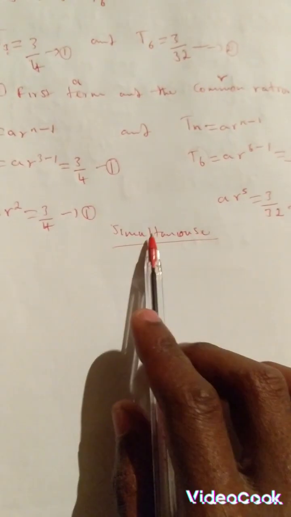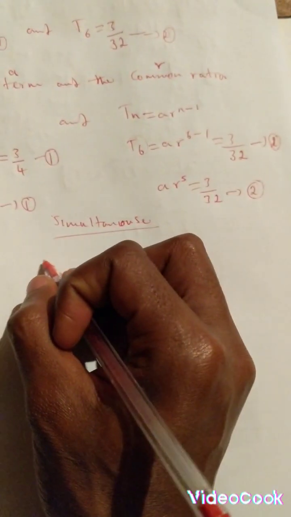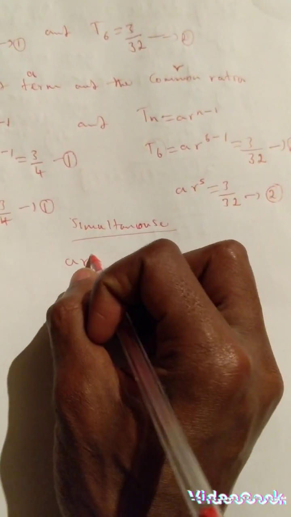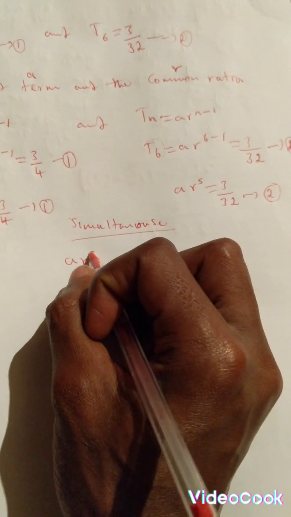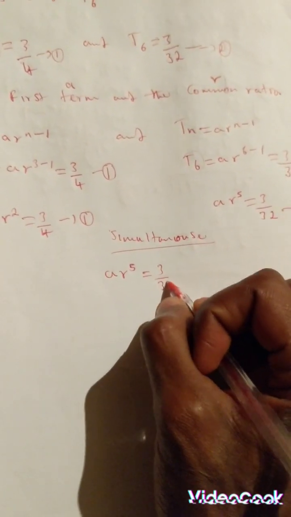Now, when we want to solve them as simultaneous equations, we start with our second equation. So we're going to write: first term a times r to the power 5 is equal to 3 over 32.